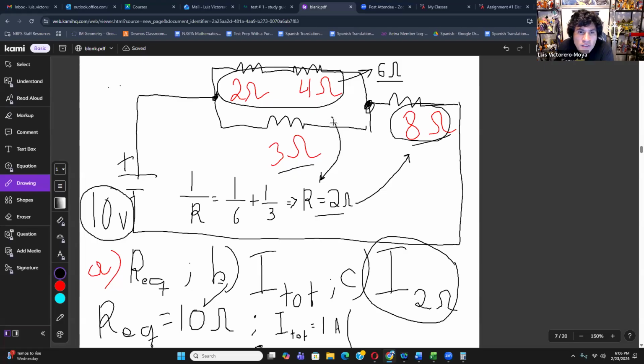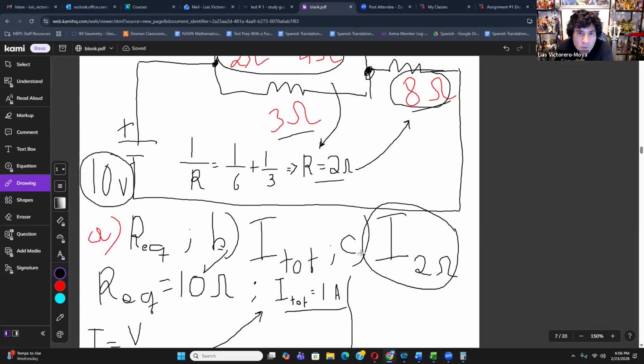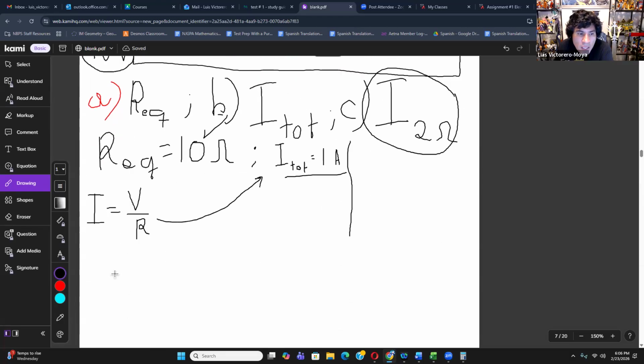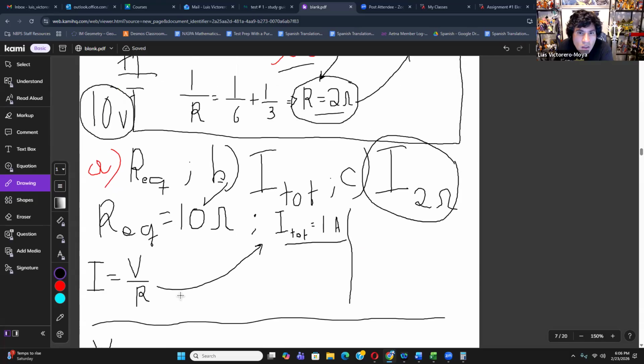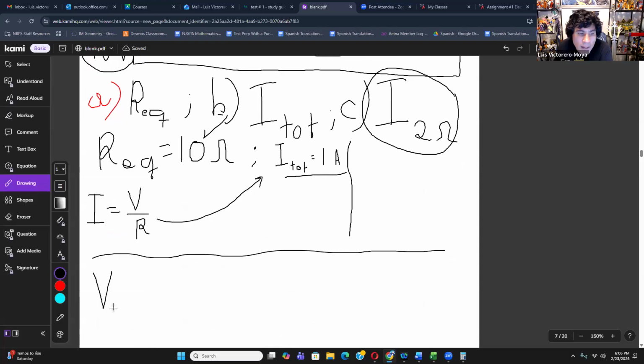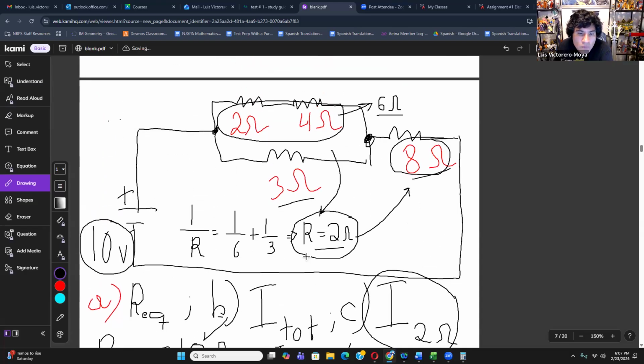You need to find the voltage on this branch. If the current is 1 ampere and the resistance of this branch, 2, 4, and 3, is 2 ohms, that's why you have to keep this there, then the voltage at the branch, let's call it like that, that is 1 times 2.